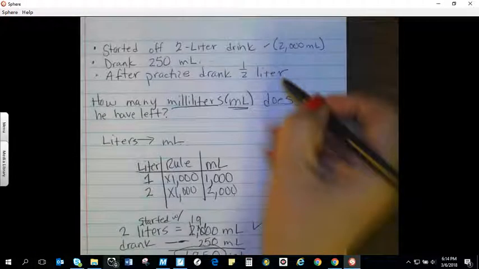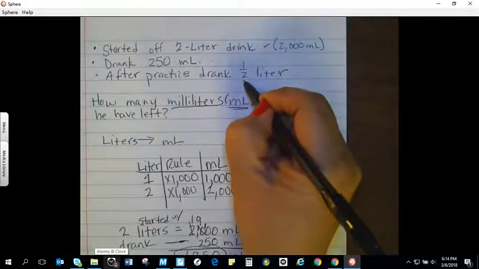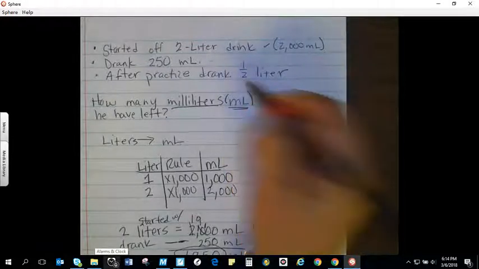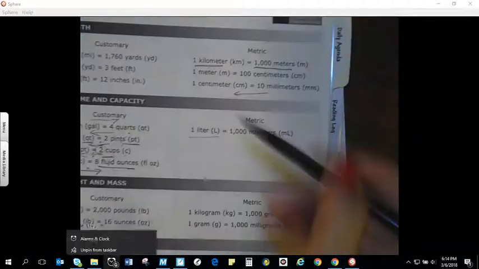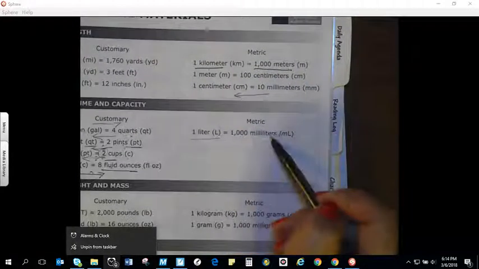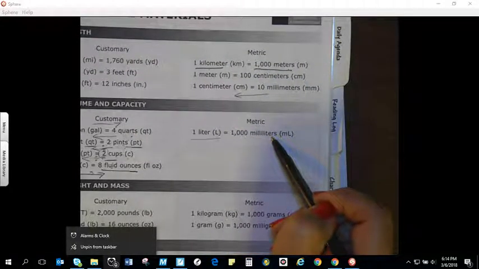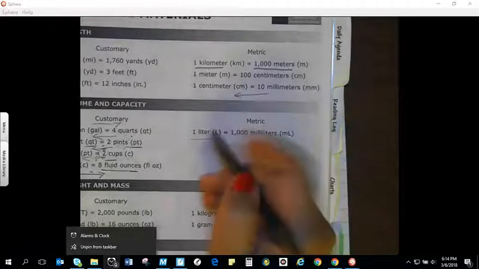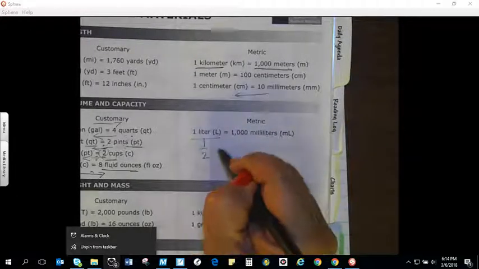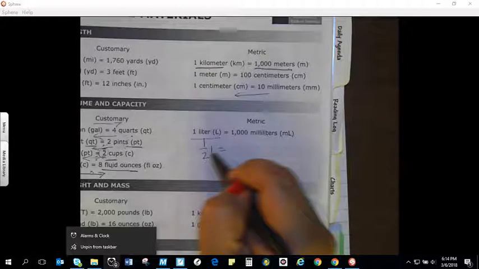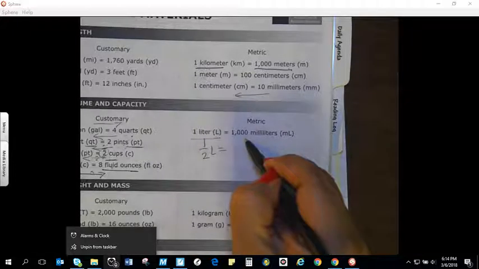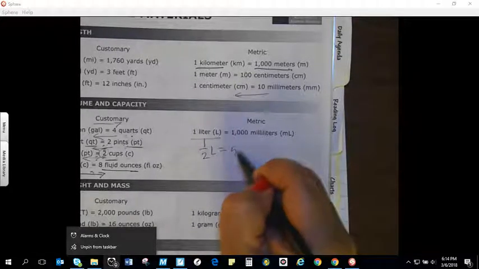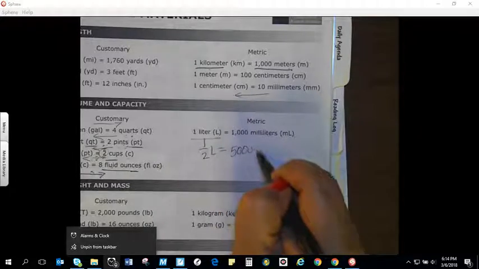First of all, if 1 liter equals 1,000 milliliters, then what is half of a liter equal to? Because I'm going to take half of this, it's equal to 500 milliliters.